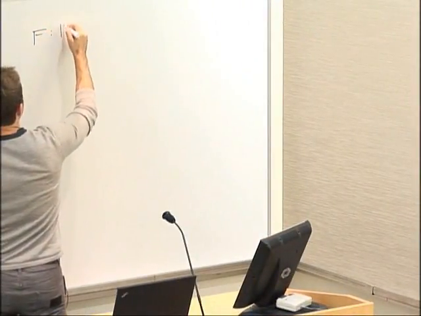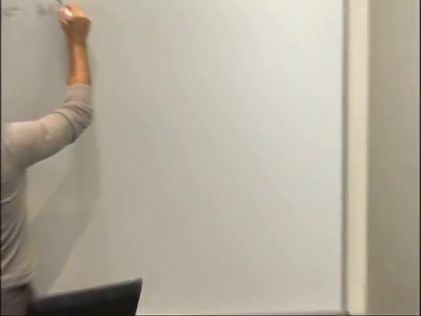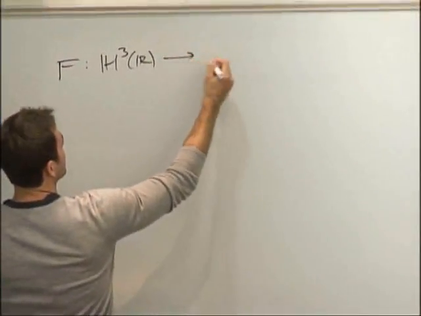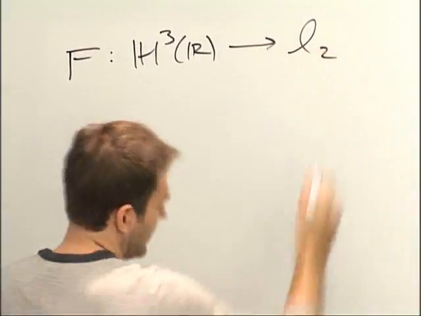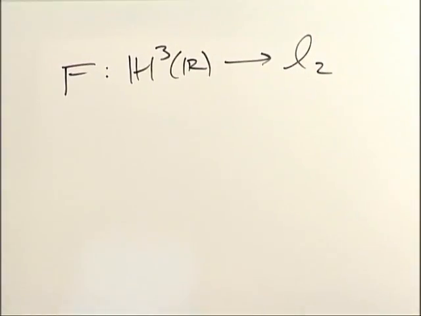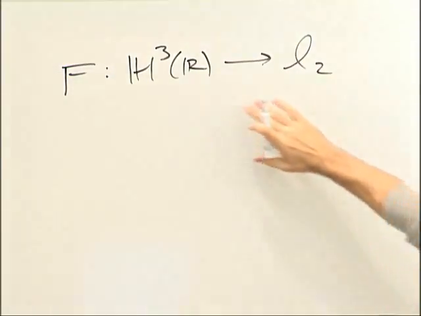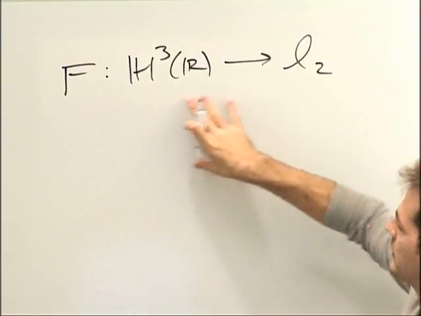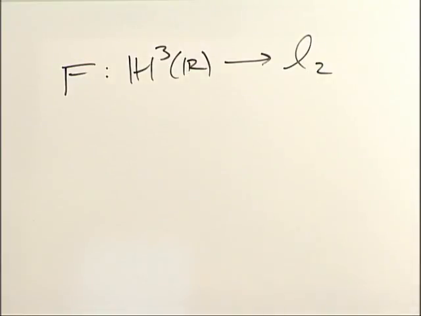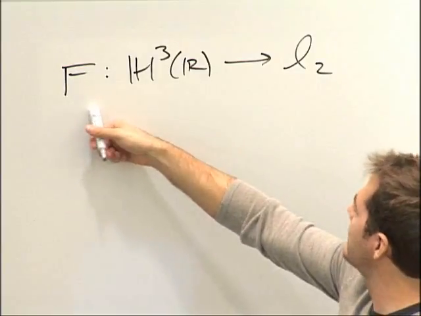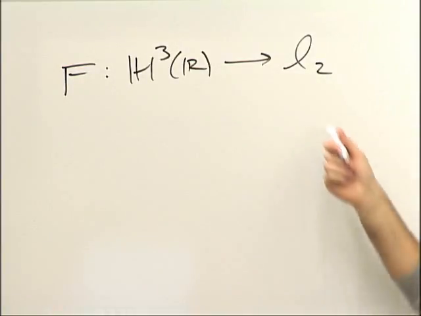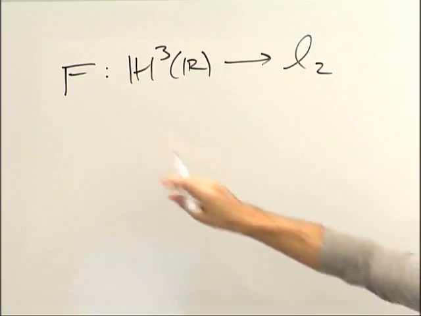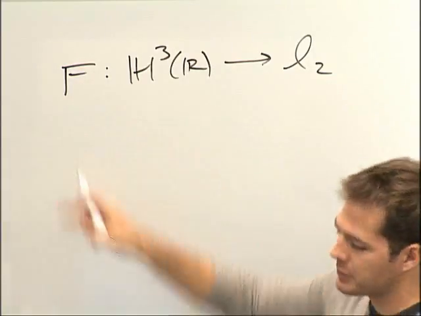So you take a map into L2, and the idea is that if this map has small distortion, in particular it's going to be Lipschitz, and since it's Lipschitz, there is a whole theory of differentiation for maps that take values in Hilbert space. Differentiation means that since this map is Lipschitz, locally it can be approximated by a linear map.